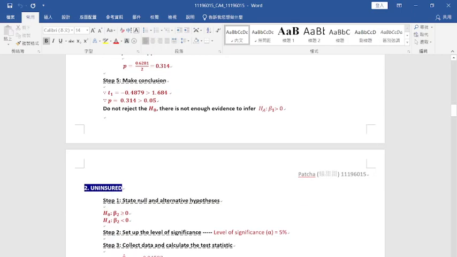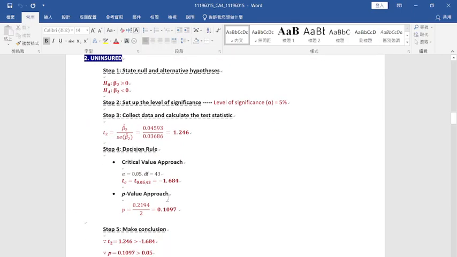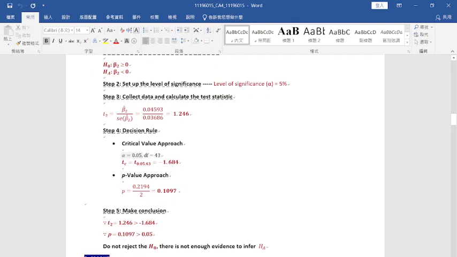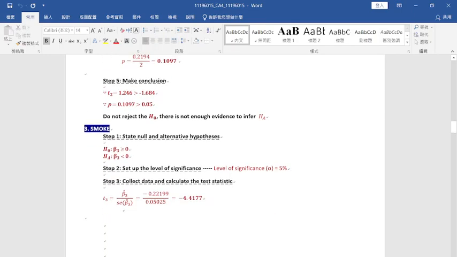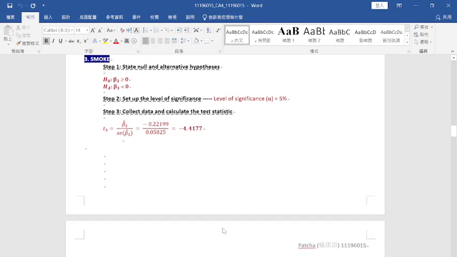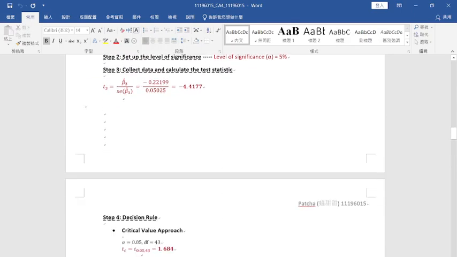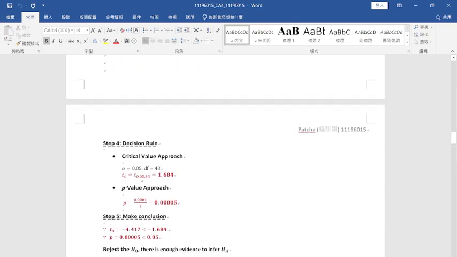For the next one, the result is the same as the medium. We do not reject the null hypothesis. For smoke, the p-value is less than 0.05, so we reject the null hypothesis.